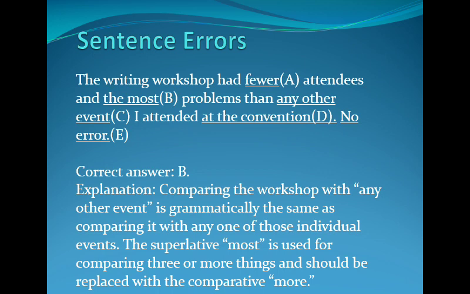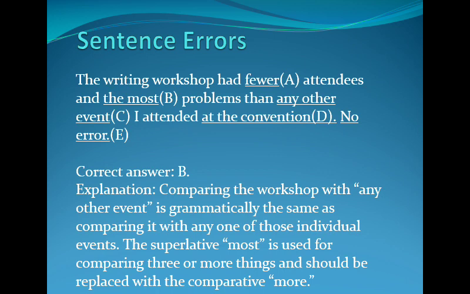The writing workshop had fewer attendees and the most problems than any other event I attended at the convention. Now here the problem lies in the comparison between two things. As you can see, the writing workshop is compared to any other event. And in the first comparative degree, fewer is a comparative degree.